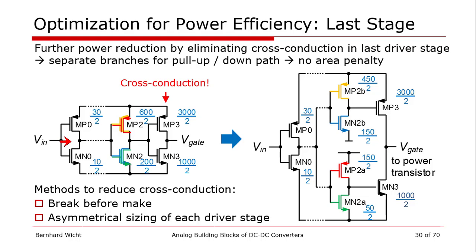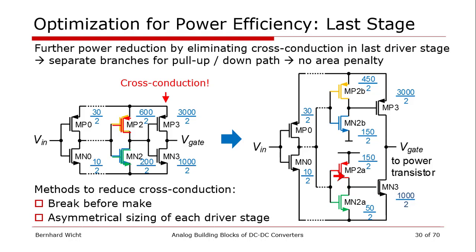So if we have some inverters here with also some example values of W over L added here, what we can do is we keep the final driver stage unchanged, but we split the previous stages into 2 branches. So one branch to drive the pull-up device of the driver and the other one for the pull-down device.